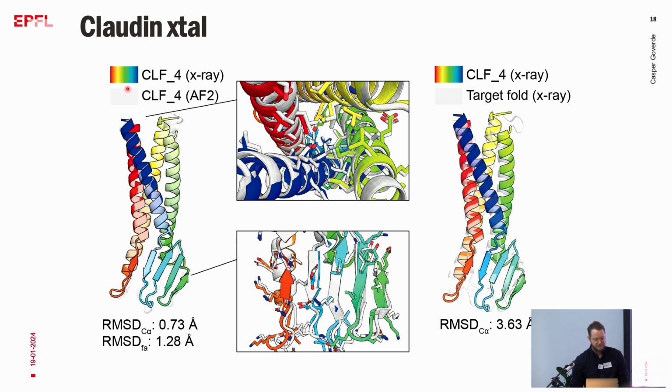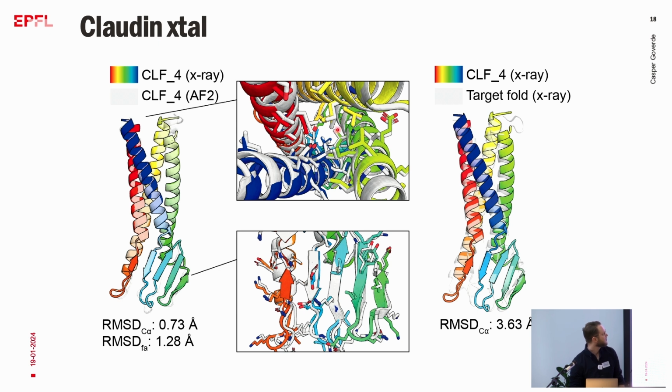So here we see the crystal colored versus the design, CLF4, in gray. And we got sub-angstrom accuracy of the C-alpha atoms. So we were really, really spot on, which was super surprising for us. And this becomes also very obvious when we take a look at the full atom RMSD. As we also take the side chains into account, we only get 1.3 angstrom RMSD, which is crazy. And this can be observed when you look at the inside of the protein.